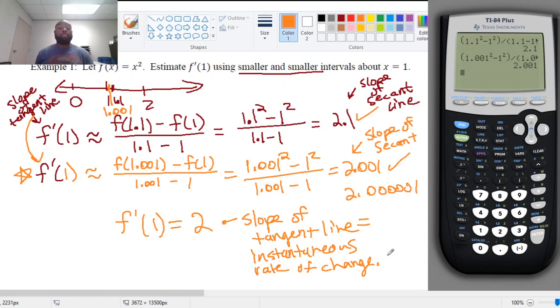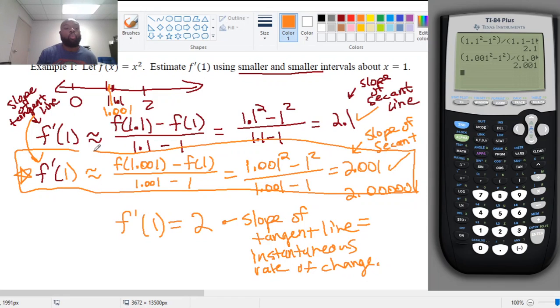All right. Now, in practice, if I give you these instructions, all you have to do is just this one right here. Get close enough to 1, or the value that you're trying to estimate the instantaneous rate of change for. I just did both of these so that we can see sort of a pattern.